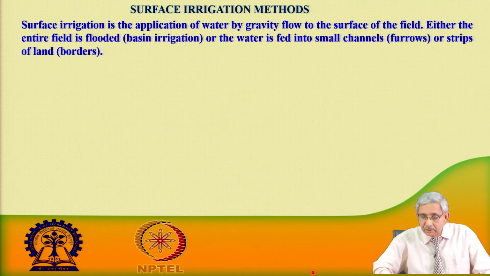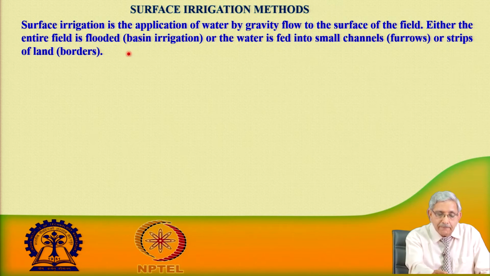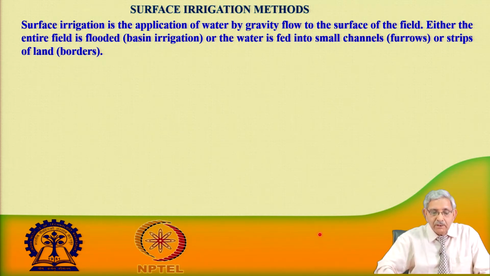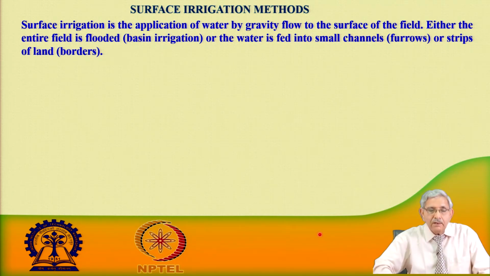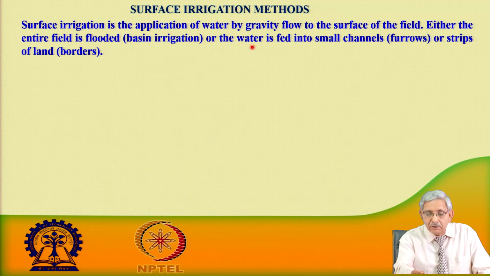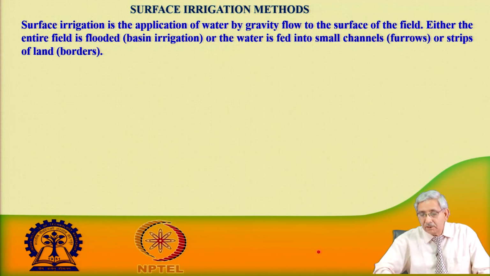In a surface irrigation system, either the entire field is flooded, which could be a basin irrigation or a border irrigation system, or the water is fed into small channels, which we call furrows, or we are supplying water to strips of land, which we call a border.